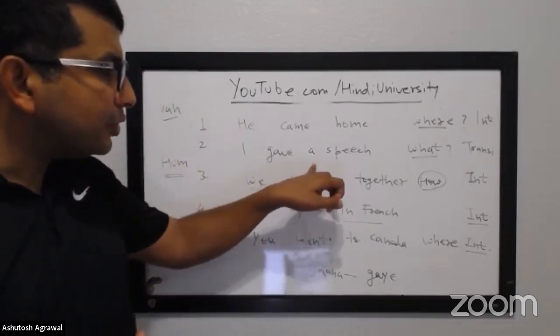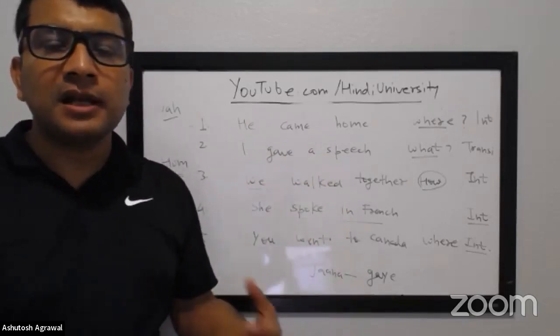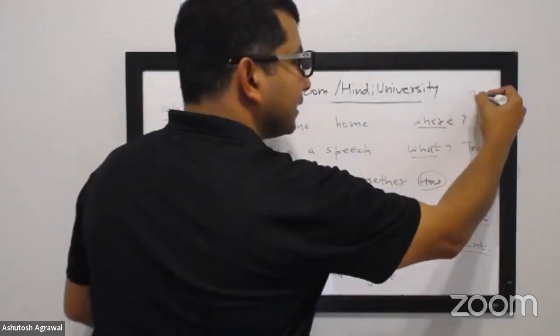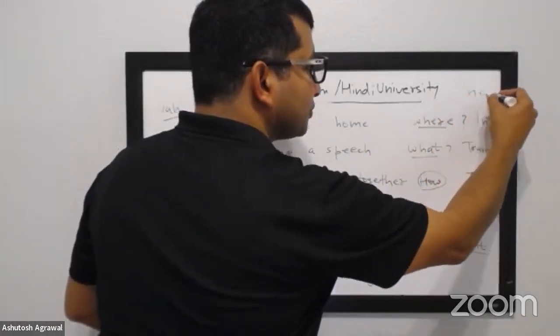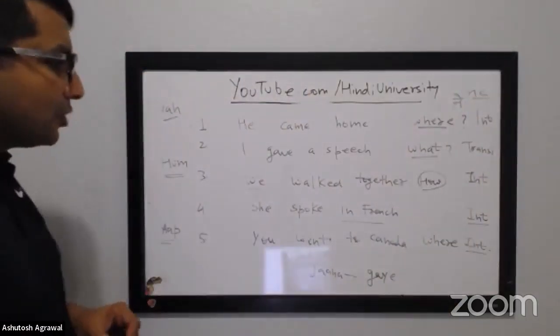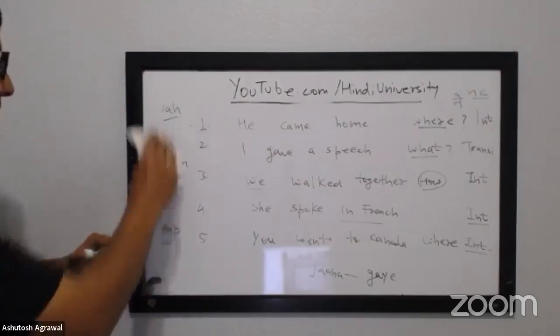The next thing is when you have the transitive verb, when they are used in the past tense, they're governed by a postposition called ne. Okay, they're governed by the postposition ne. So I'm going to erase it here.